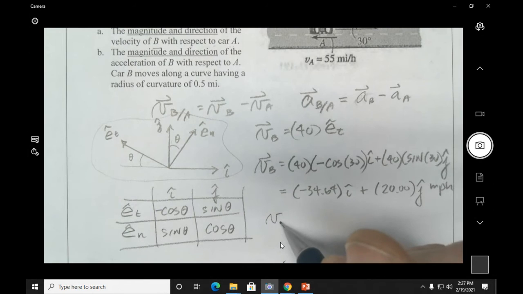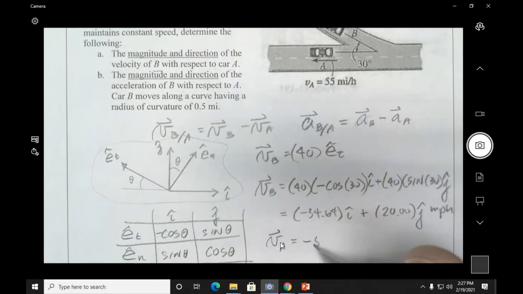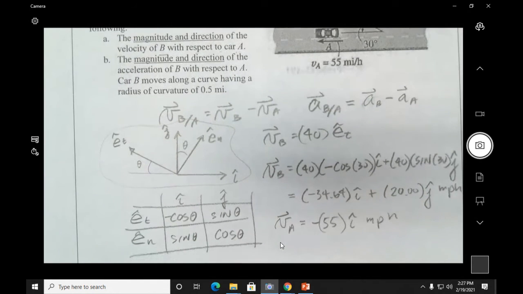We were also given the velocity of A, and we know that it's going to the left right there, so it's negative 55 I miles per hour.